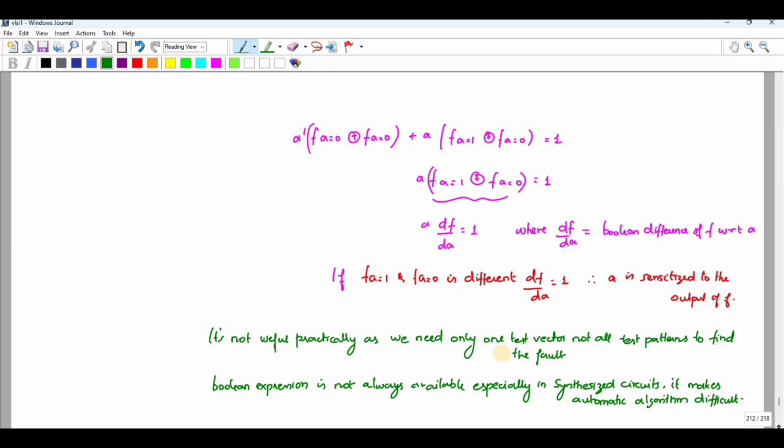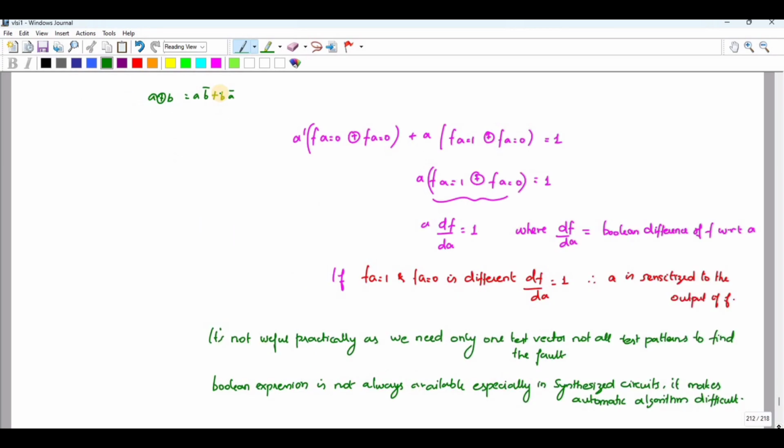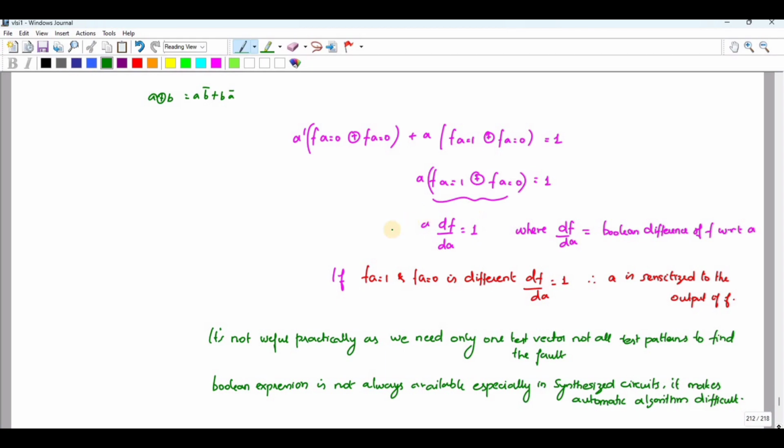Again, I can solve this because a XOR b is equal to a b bar plus b a bar. So from this equation I can solve it like this. Better, you can bring this f of a equal to 0 XOR f of a bar inside. Anything with the same value gives 0.